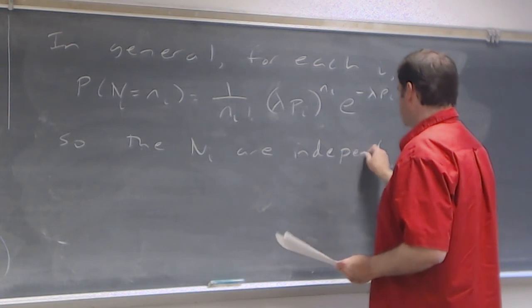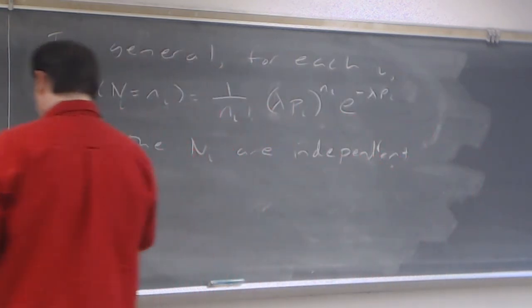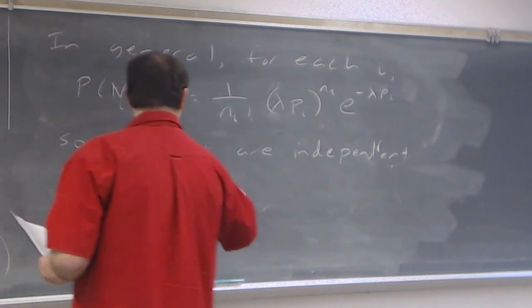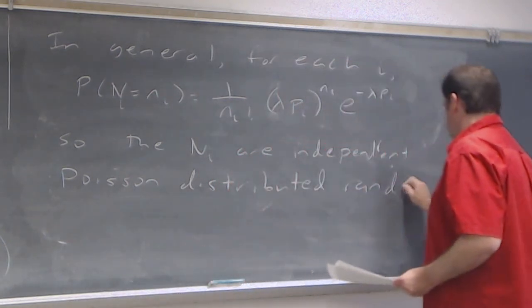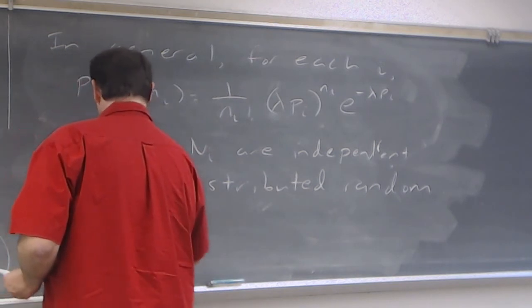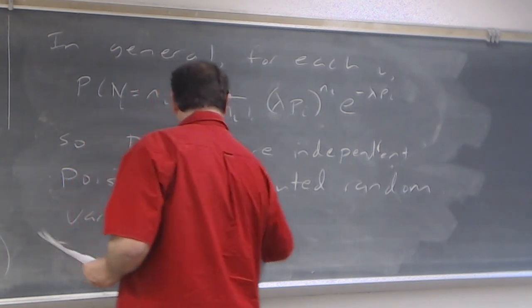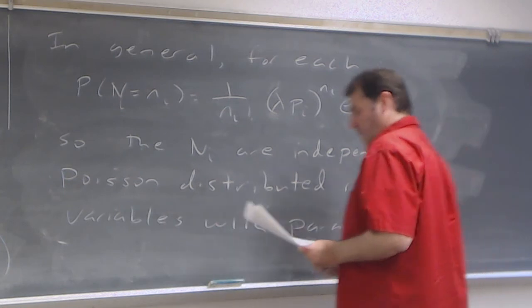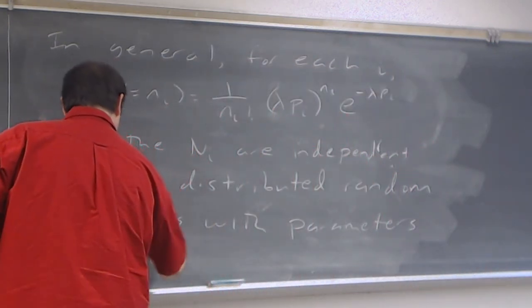So they're independent, Poisson distributed random variables with parameters lambda p sub i, and that ends the proof.